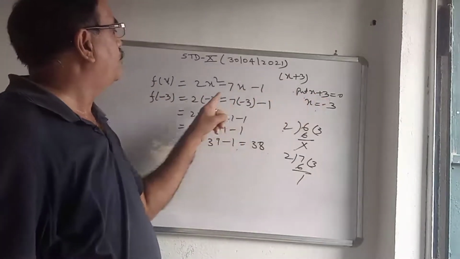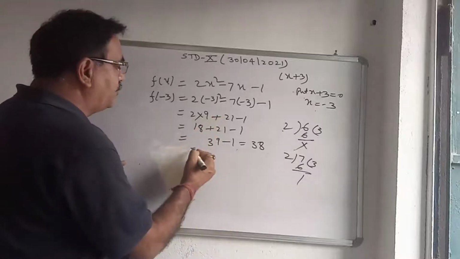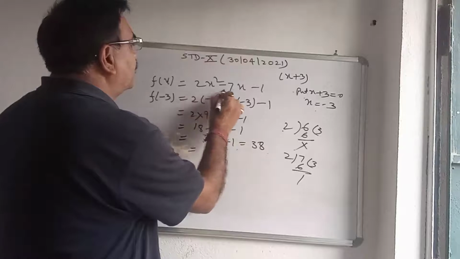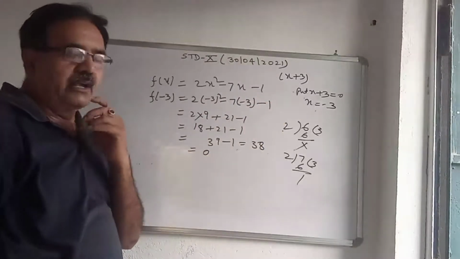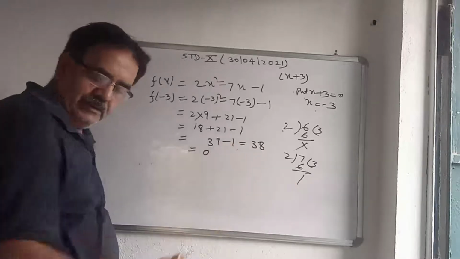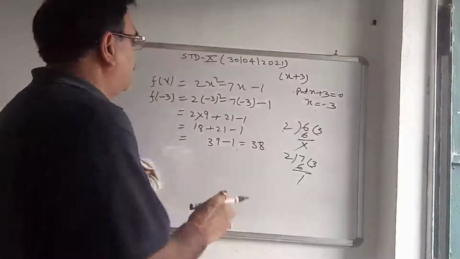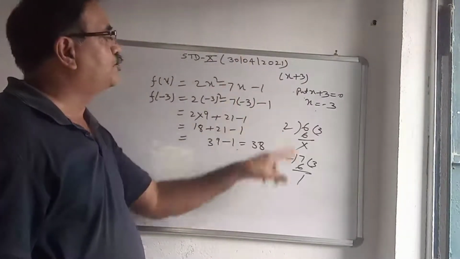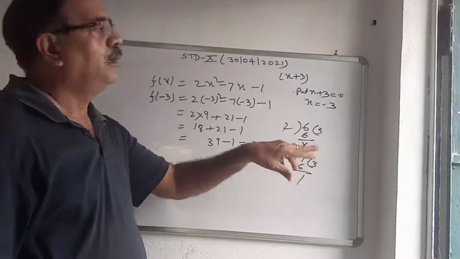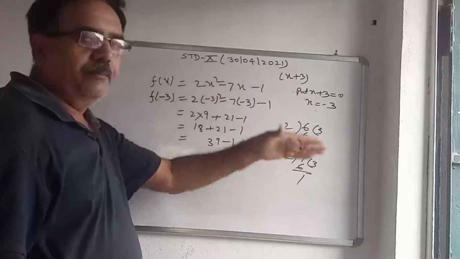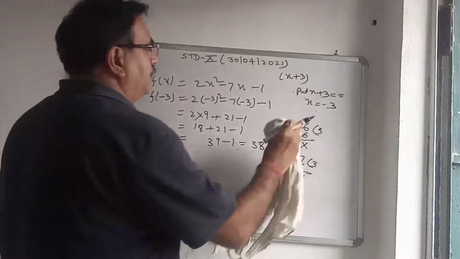When we put x equal to minus 3 and it comes 0, then we can say x plus 3 is a factor of this polynomial. But if it comes other than 0, then that is the remainder. Like in this example, after putting the value of x, the value is 38, so 38 is the remainder. Without actual division, we can find out whether this is a factor of the polynomial or not, and if not, what the remainder is.